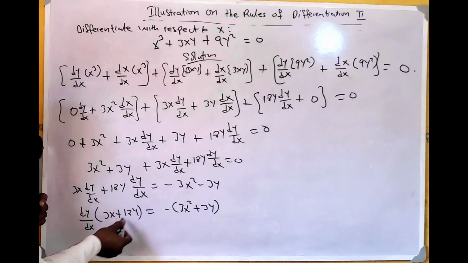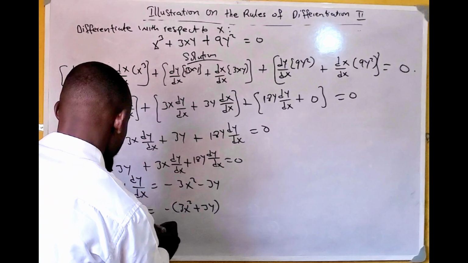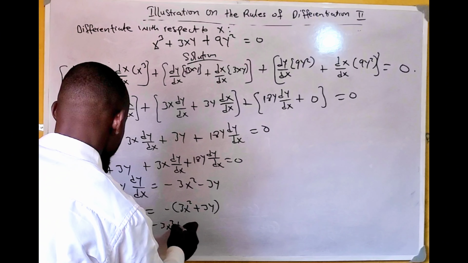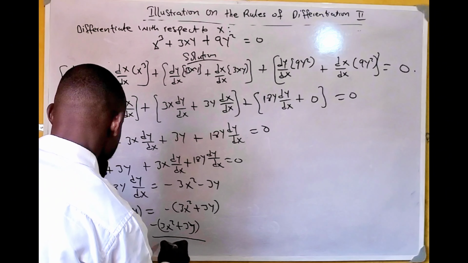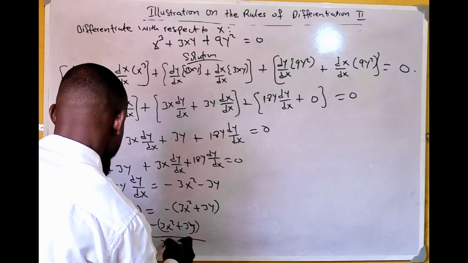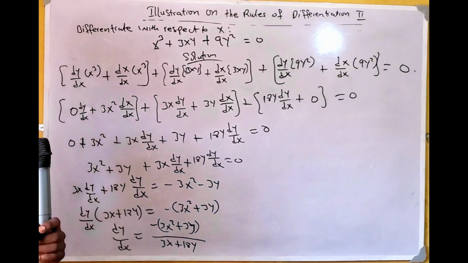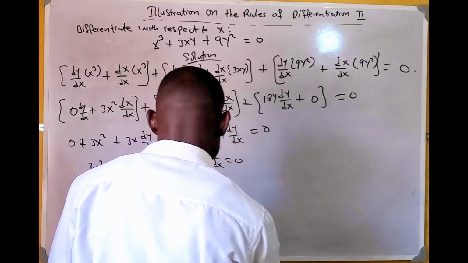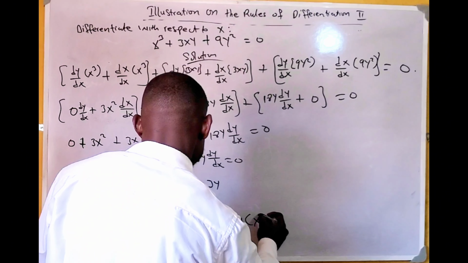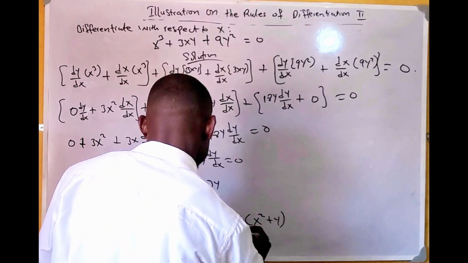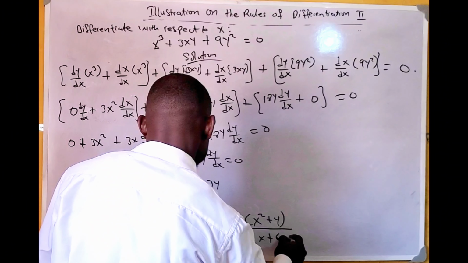So divide both sides by 3x plus 18y, then our dy/dx will be equal to minus 3s square plus 3y, all in bracket, all divided by 3x plus 18y. Obviously, we can factorize 3 out in everything here. So we can have this equals to minus 3 into s square plus y, all over 3 into x plus 6y.